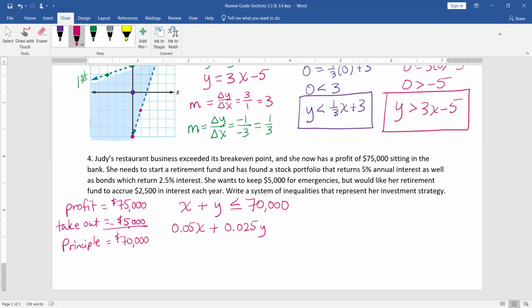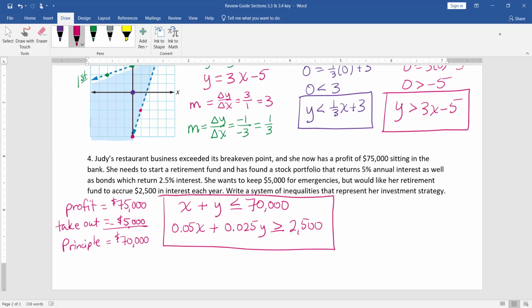She wants the amount she gets back to be at least 2,500 in interest. So that means she does not want to accrue less than 2,500. But it would be great if it was more. So this is definitely going to be a greater than or equal to 2,500. So that is the system of inequalities that we want.